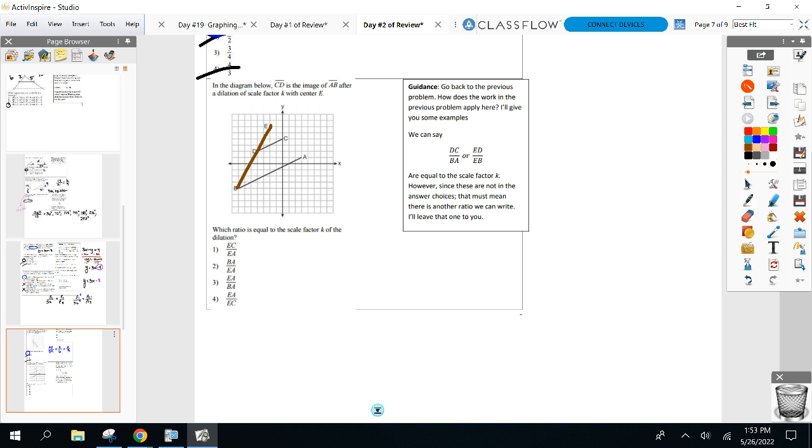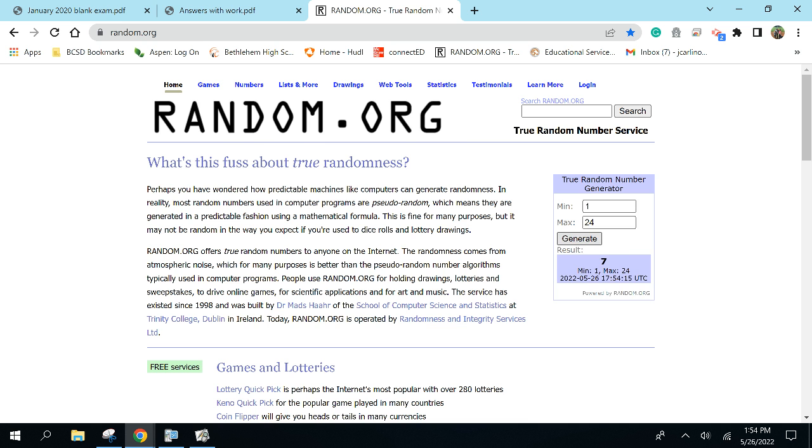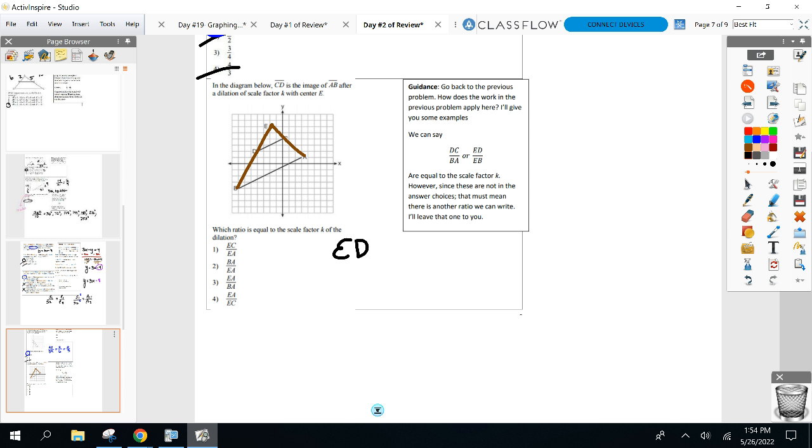Think of it this way. What's ED match up with? E to D is in proportion with E to B. E to D, same ratio as E over B. That's not a choice, though. Son of a gun. It's correct, but it's not a choice.